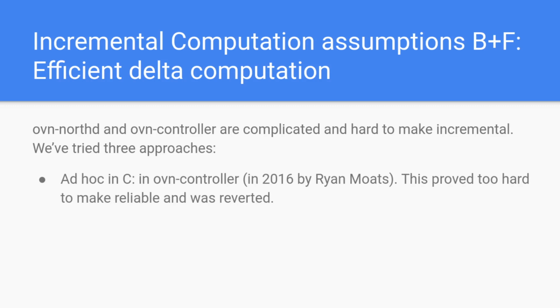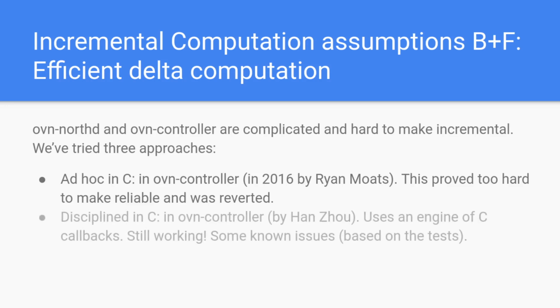The earliest approach was implemented by Ryan Motes in 2016, and he wrote ad hoc code in C in the node controller that tried to detect when there were small changes to the input and just write those changes to the output. This was really hard to do correctly, and we weren't able to make it reliable at the time, and it got reverted.